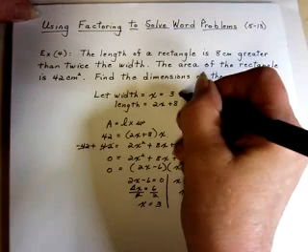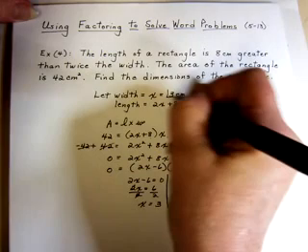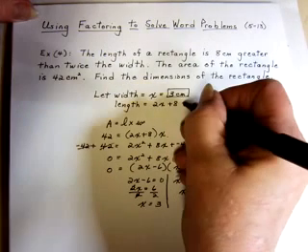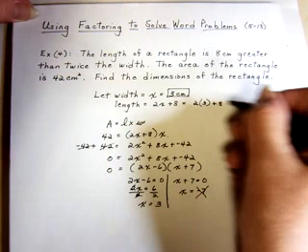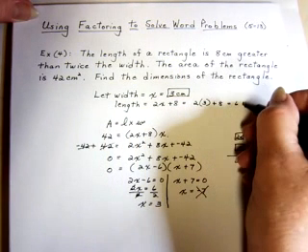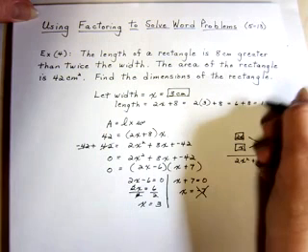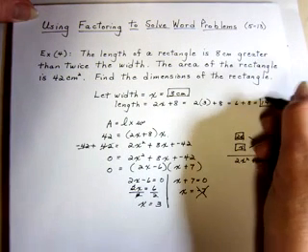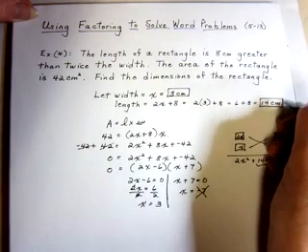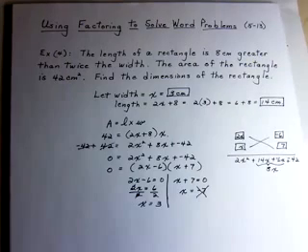So our width is 3 centimeters, and our length is 2 times 3 plus 8, which is 6 plus 8, 14 centimeters. And that completes our problem of the day.